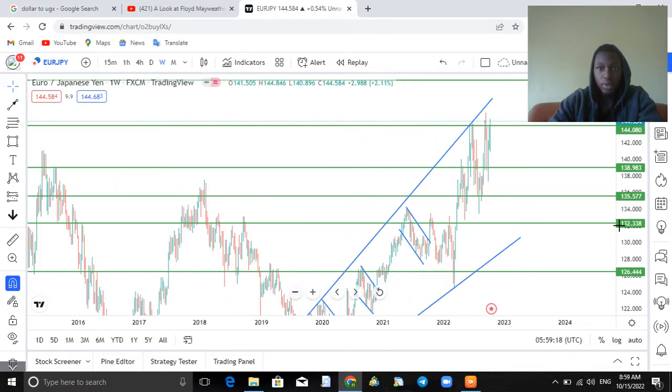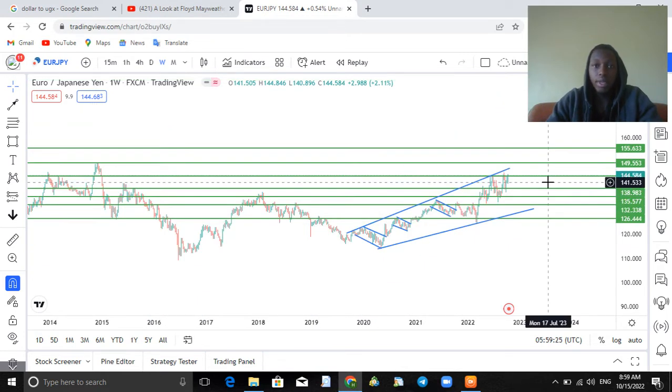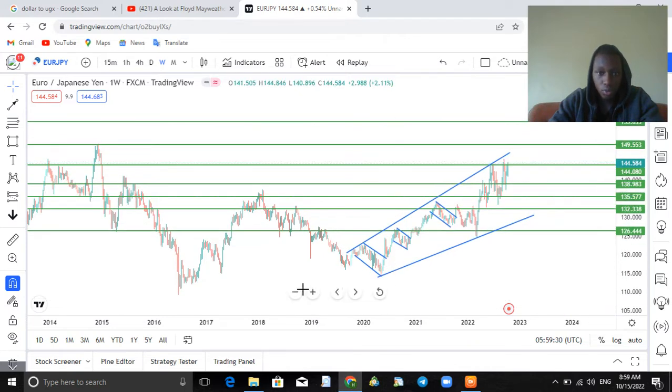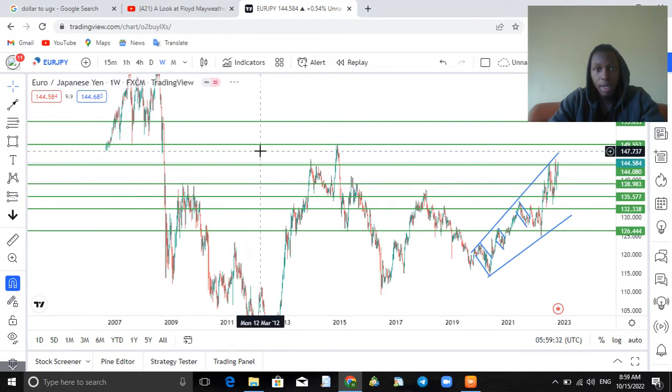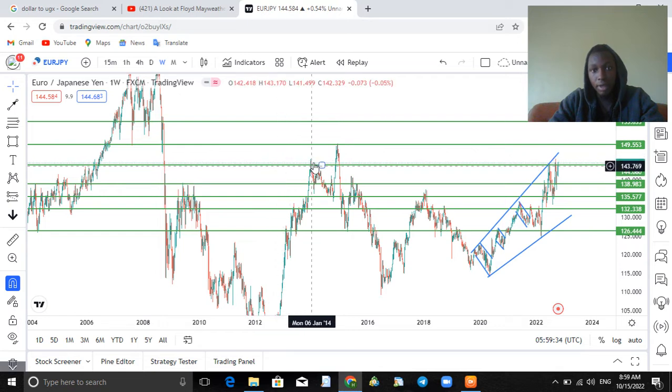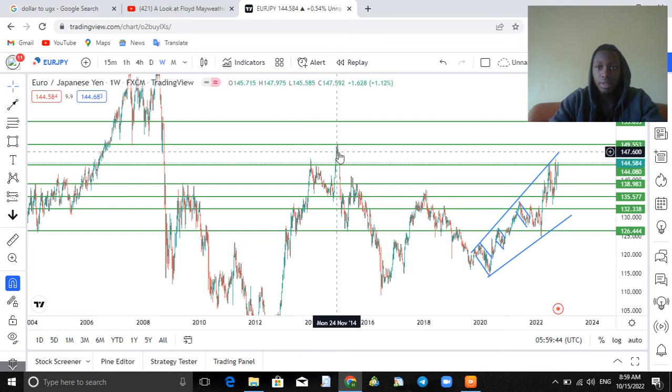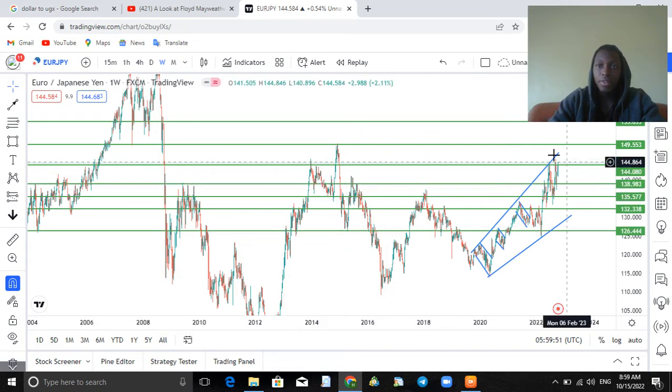When you see this market playing around this resistance level, you get to ask yourself where exactly the market is heading, because if I scroll back on this major market key level, the market has been making a lot of fake outs. You find it coming back, grabbing buyers around these areas, and you find sellers jumping in and pushing the market all the way to the downside. So this level is actually like a trapping level.